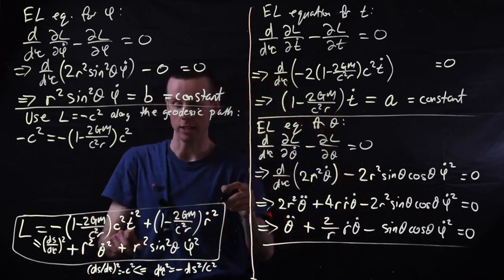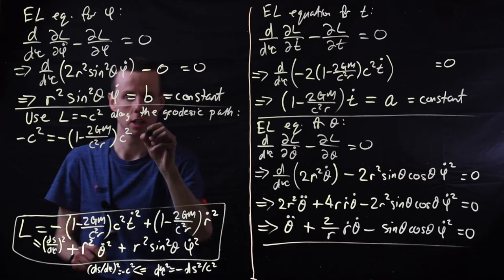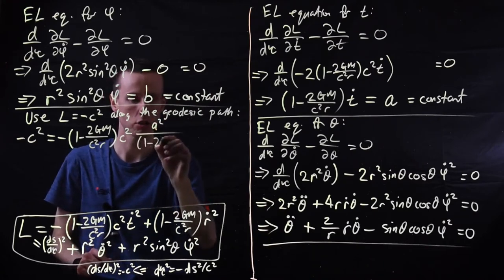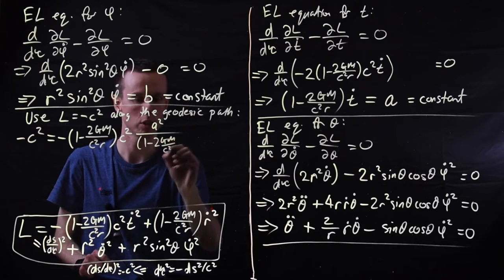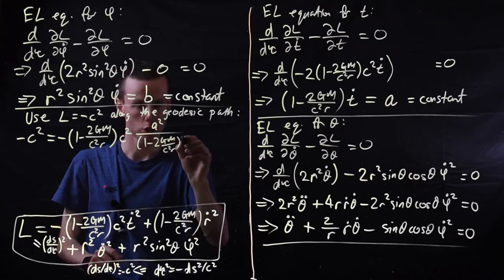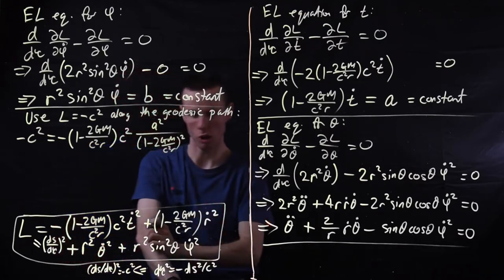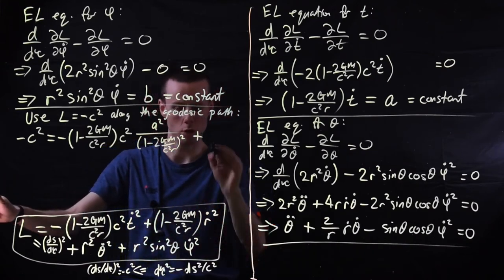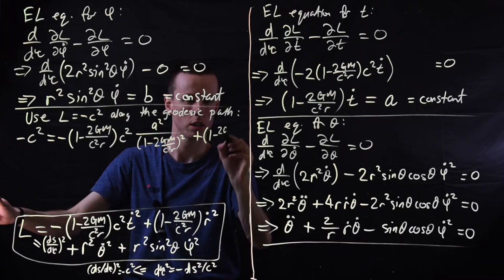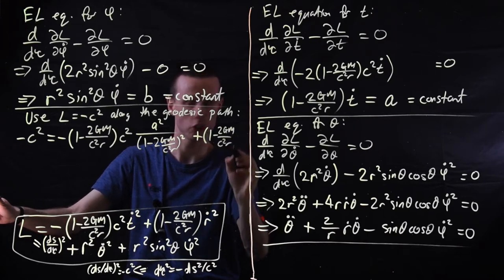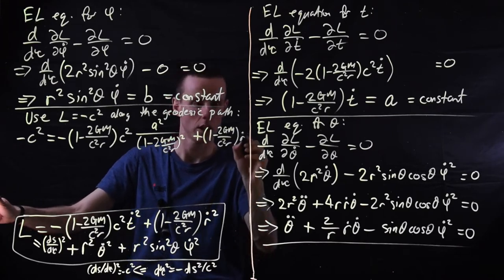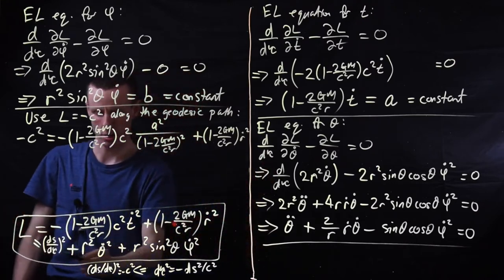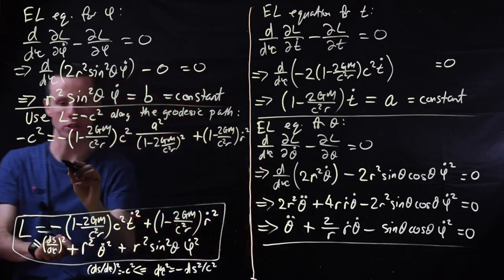So t dot squared will be a squared divided by 1 minus 2gm over c squared r, all squared. And then we have plus the next term, which is just 1 minus 2gm over c squared r times r dot squared.